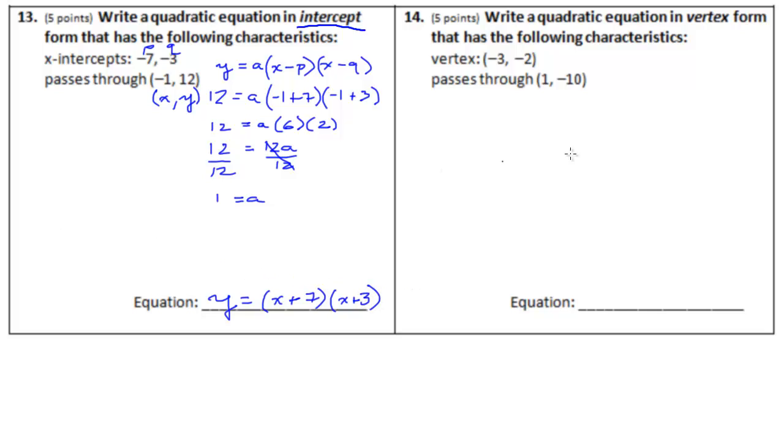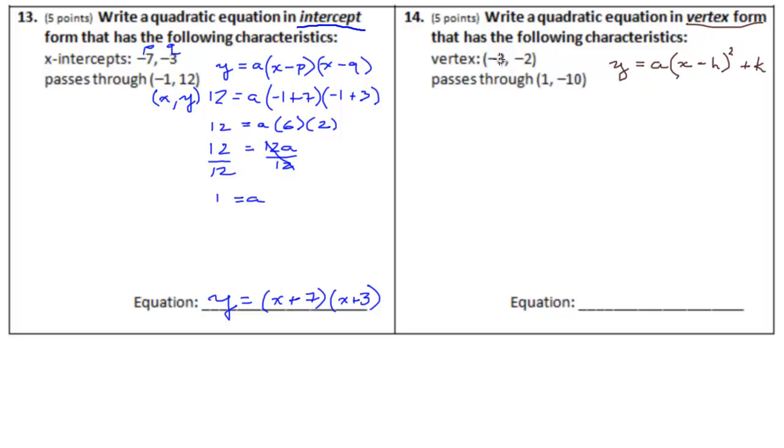In our second problem here, we want to write in vertex form. Vertex form is this, y equals, again we have kind of a stretch factor, a, (x minus h) squared, h being the x-coordinate of the vertex, plus k.